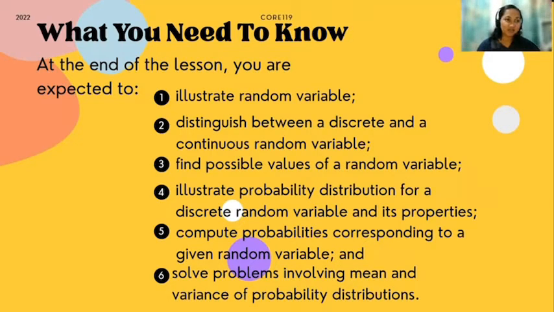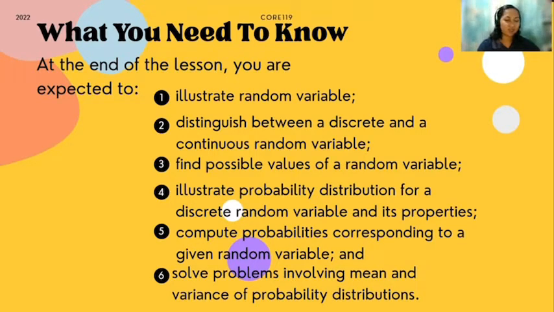In many random experiments, the sample points are not necessarily numbers, right? For example, if we toss a coin, the sample space is head and tail. So we need to quantify those sample points in our random experiment.